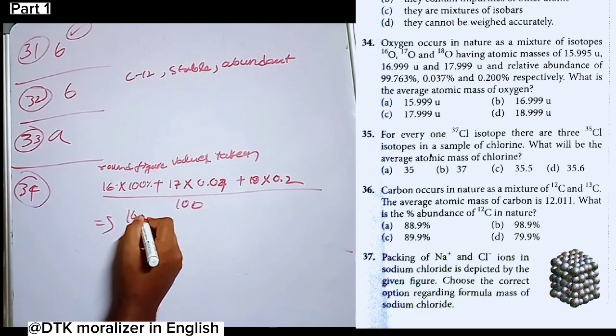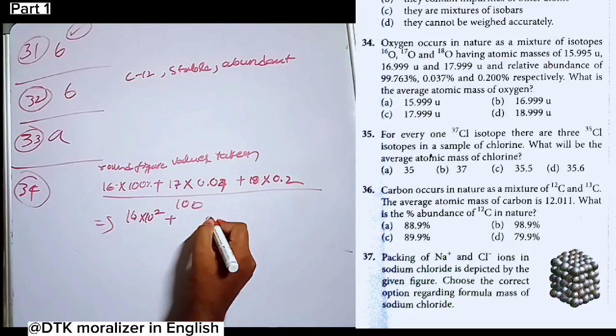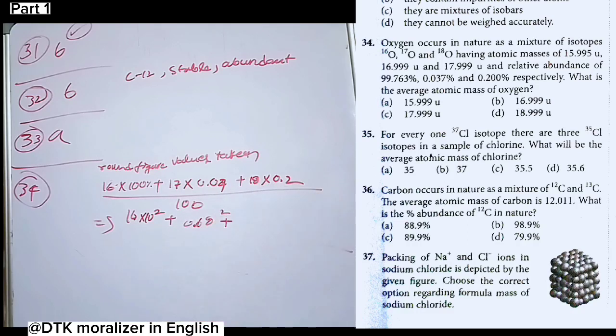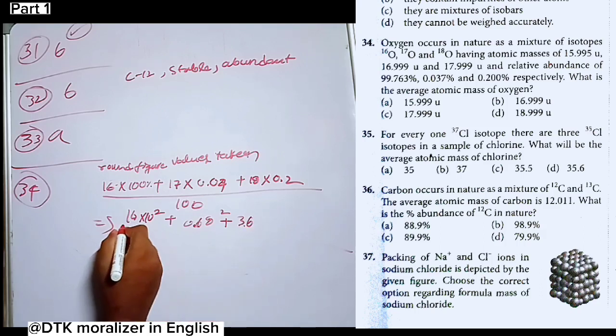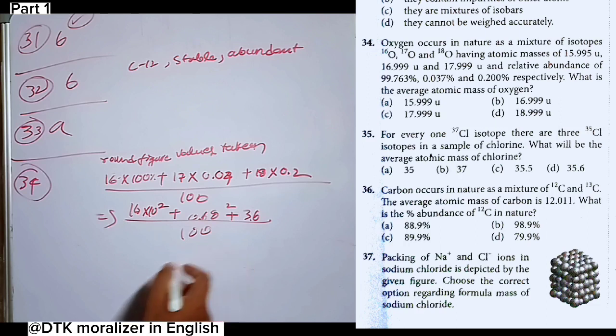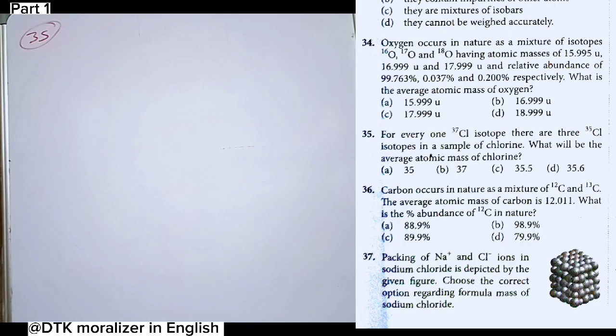When you add these up and divide by 100, 16 into 10 power 2 by 100, we cancel like this, so the answer will be 16. I have taken the round figure value, approximate, so the option may be right. Please check the answer. If anything is wrong, please mention it.